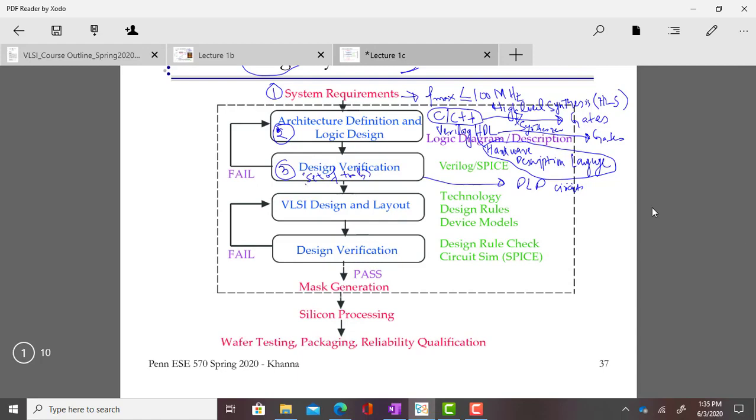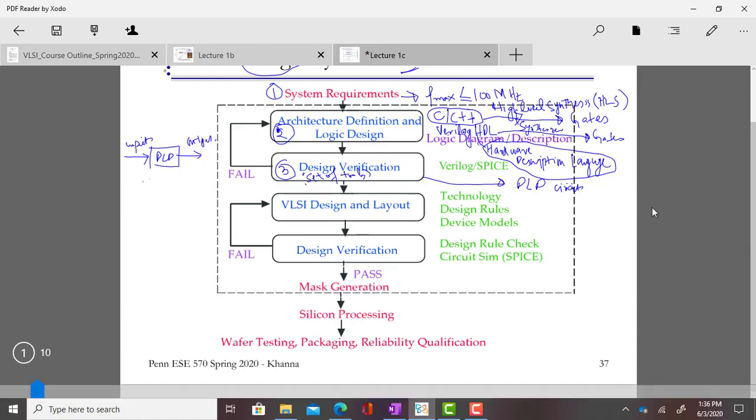And how do they verify? They verify like this. For example, this is your DLD like circuit. It applies all the inputs and generates the outputs, and the verifier has already correct outputs stored somewhere.